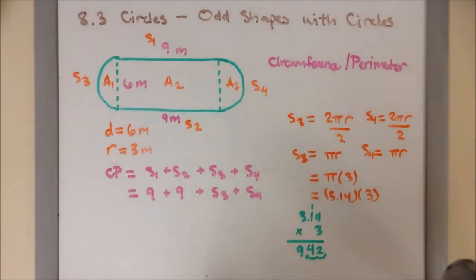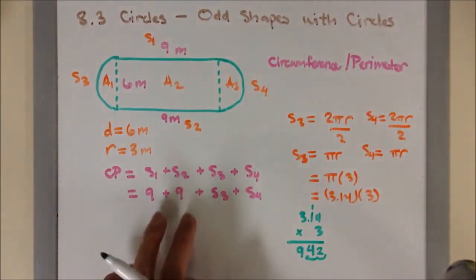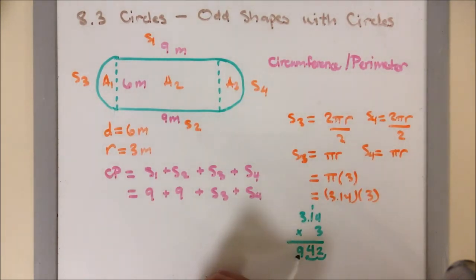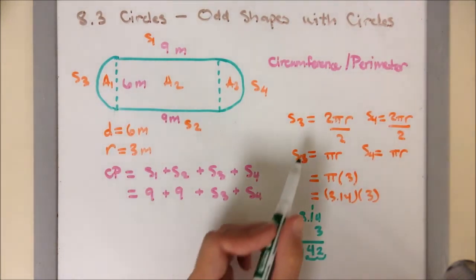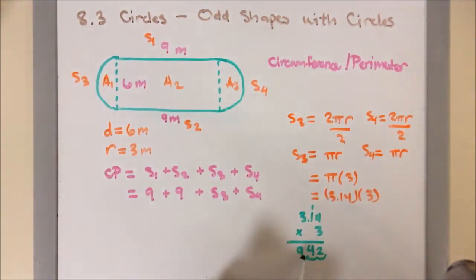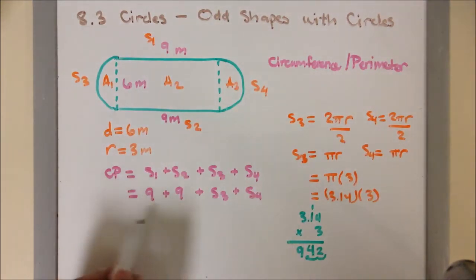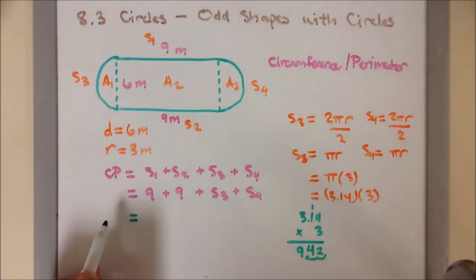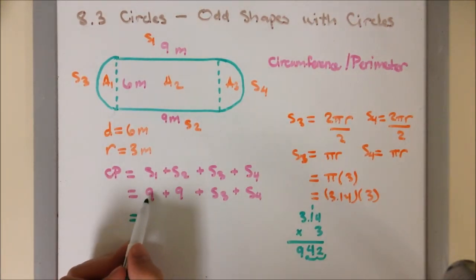So, be mindful since we're working with decimals and whole numbers, this is where we actually have to be extra cautious. So, 9.42. So, S3 and S4 is equal to 9.42. So, here, I'm going to rewrite it. Now, since we were working with decimals, instead of 9, I'm going to change it into a decimal.